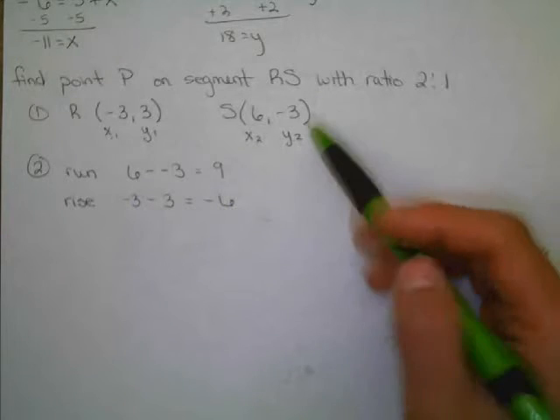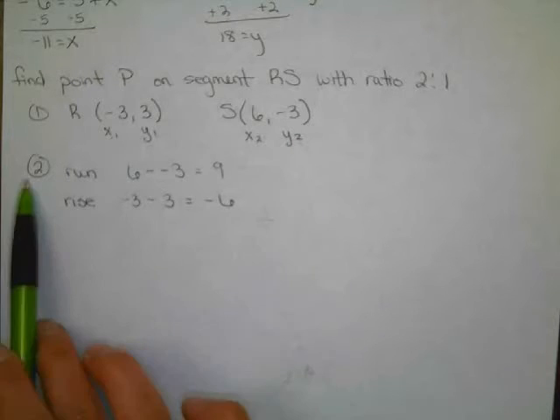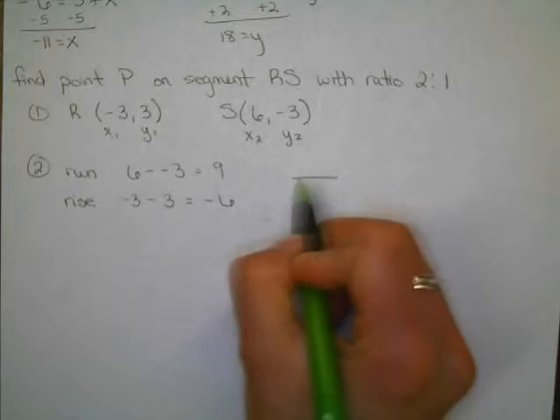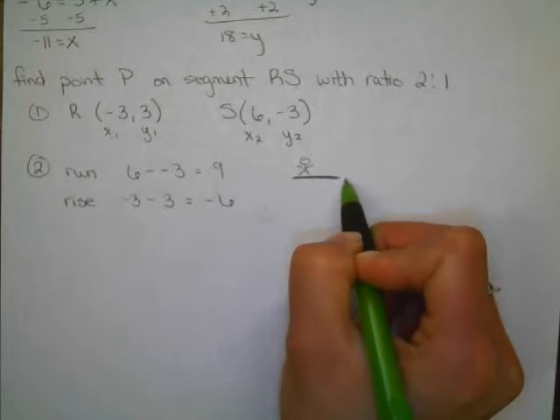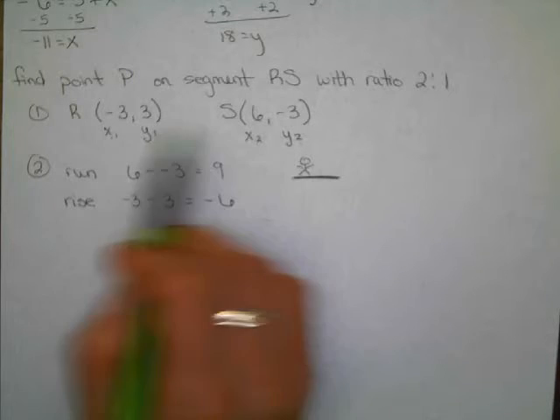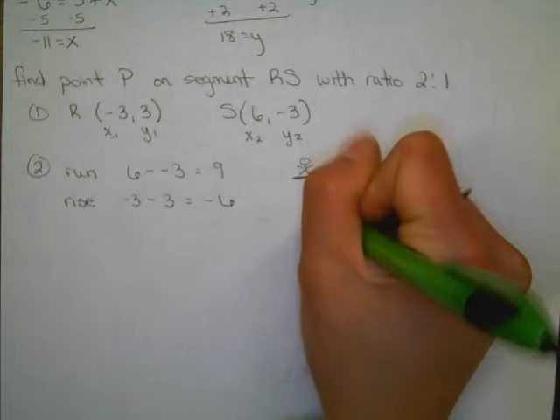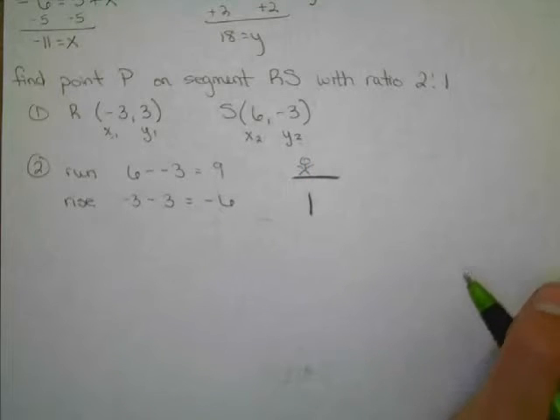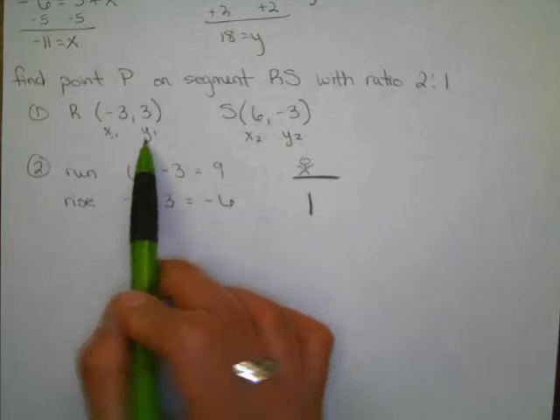So again, my first step was to label my x1, y1, x2, y2. My second step was to find the run and the rise. The run is the x direction. You run this way across the ground. So that's x2 minus x1 here. And then rise is up and down, like you rise up in the air. So that's y2 minus y1.